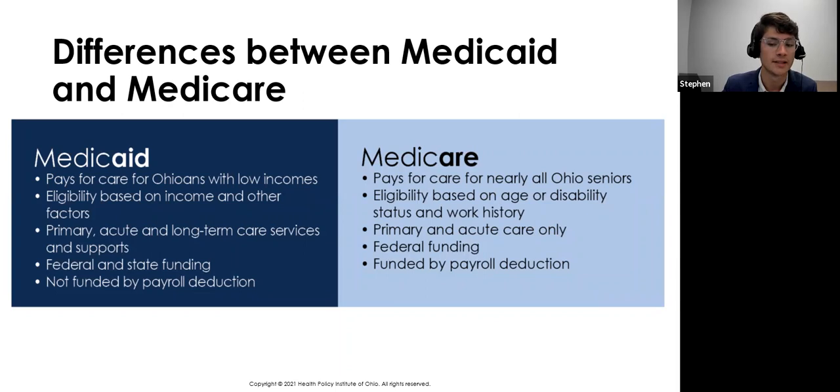Eligibility for Medicare is not based on income, but on work history and age or disability status, and there is no income limit for Medicare coverage. Finally, Medicaid is funded through income taxes and other fees, whereas Medicare is paid for through payroll deduction. Some people are covered by both Medicare and Medicaid, and those people are referred to as dual eligibles. I'll discuss them more later in the presentation.